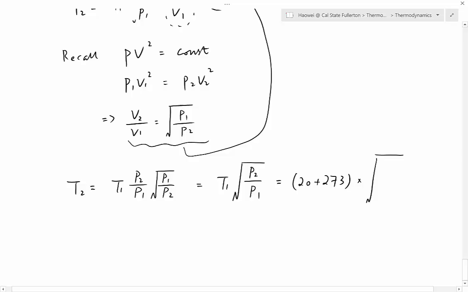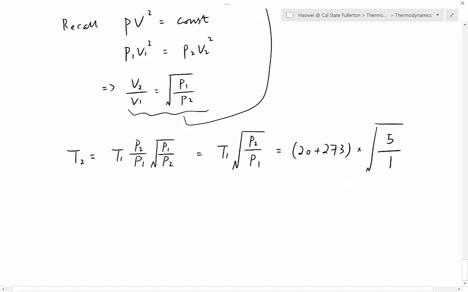It's okay to just directly use atm because this is a division. The two atm will cancel anyway, so there's no need for us to convert them. But if you want to make sure, you can always convert everything to SI. One atm is equal to 101325 Pascal. Okay, so the solution for T2 here is 653, and the unit must be Kelvin.